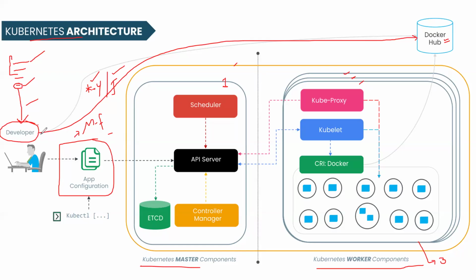But as of now, understand that the developer will be providing all the details. Let's say they want to deploy one pod. What did I say about a pod? A pod can execute a container, correct? So to create a pod, we have to pass some required parameters, like the name of the pod you want to create, which container you want to execute within the pod, which image to use for the container, the name of the image, which version of the image, and whether the container needs any volume or port mapping, right?